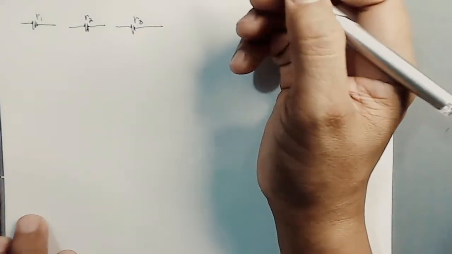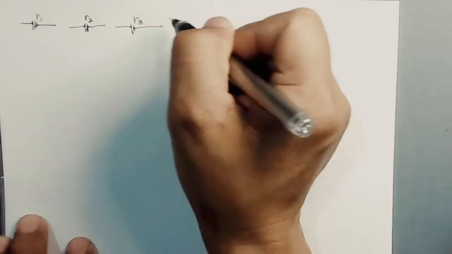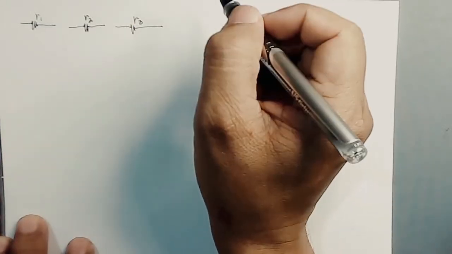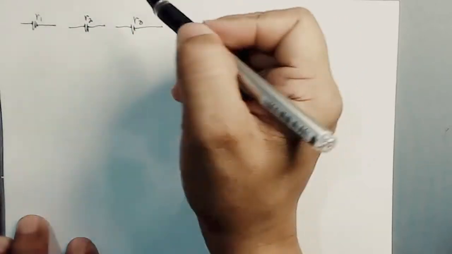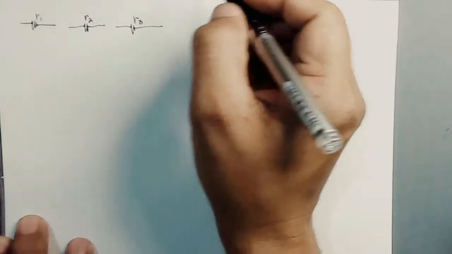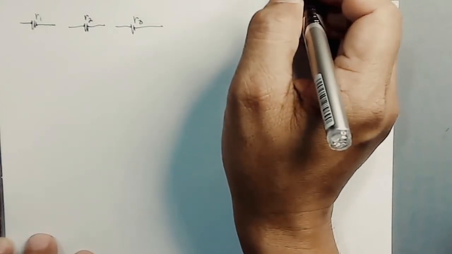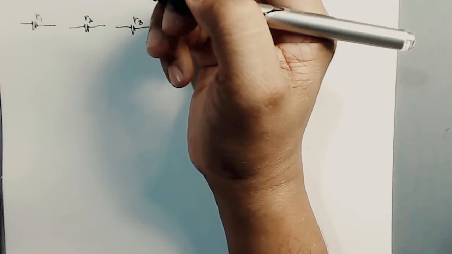To be able for us to know that these resistances are in series, we can observe that the current that is flowing all throughout these resistors is the same. So for an end-to-end connection, it should be connected in different nodes.